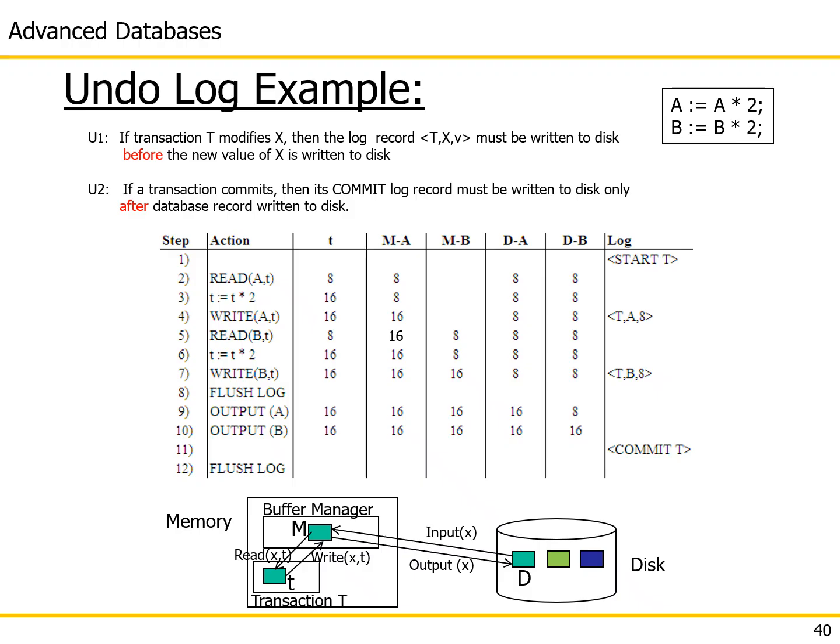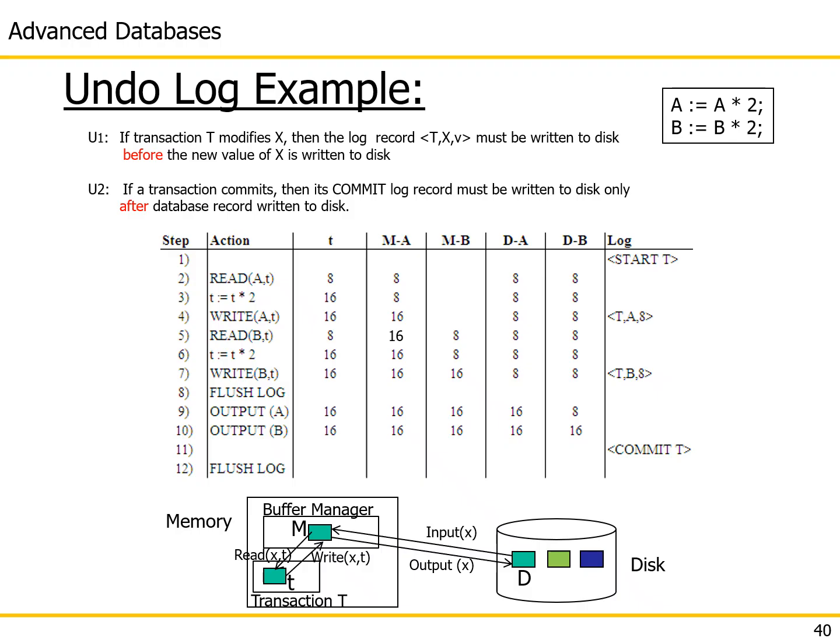so let's see some examples. I have put the rules here for you, U1 and U2 at the top, just to refresh your memory, and the illustration at the bottom shows that the read and write is between the transaction and buffer manager, and input and output is between the buffer manager and the disk.